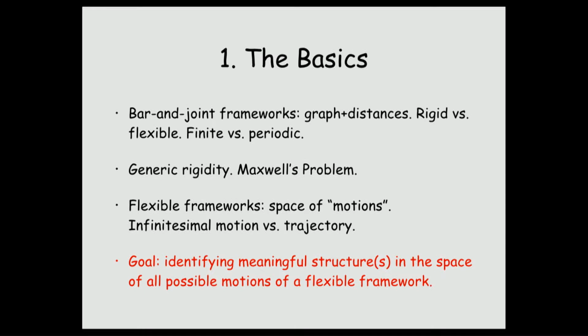The other two are feasible computationally, but they don't always give you the correct solution. So now our goal is to identify meaningful structures in the space of all possible motions of flexible frameworks. Let's move away now from rigidity to flexibility.